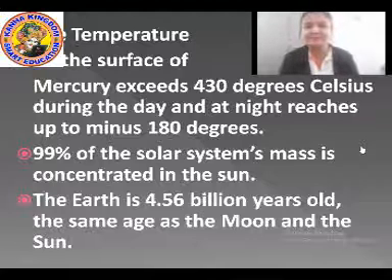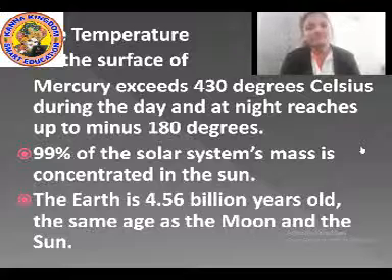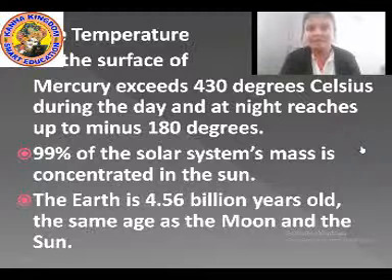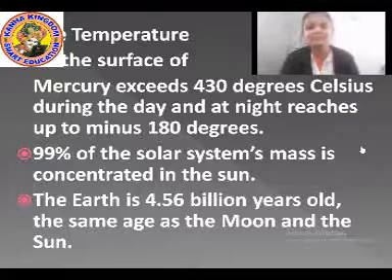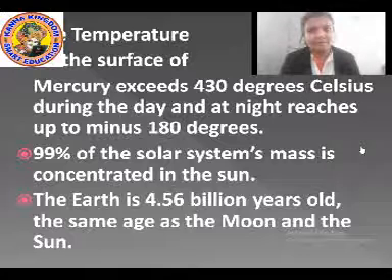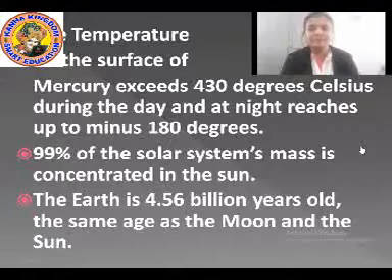Now the temperature of the surface of Mercury exceeds 430 degrees Celsius during the day and reaches down to minus 180 degrees. Do you know why? Because Mercury is closest to the Sun, and because of it, it is the hottest planet.